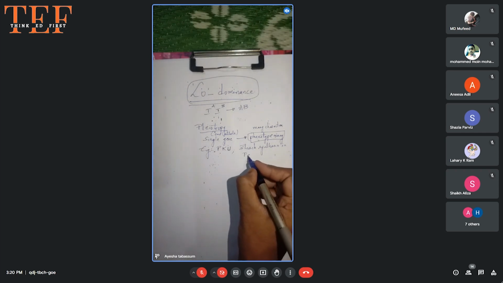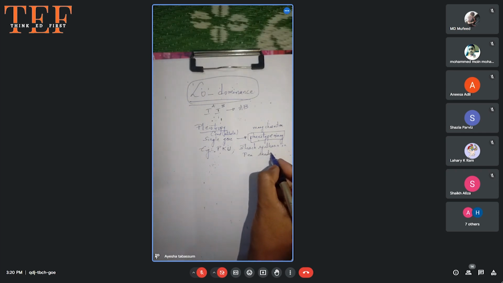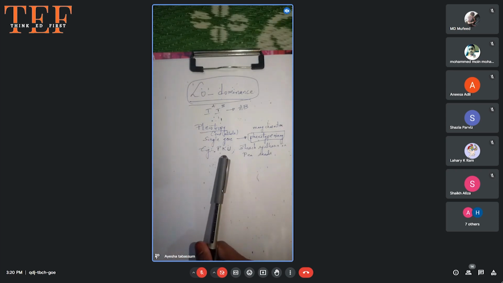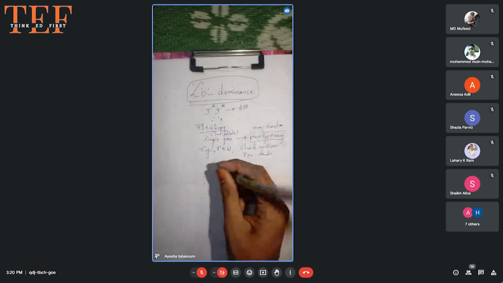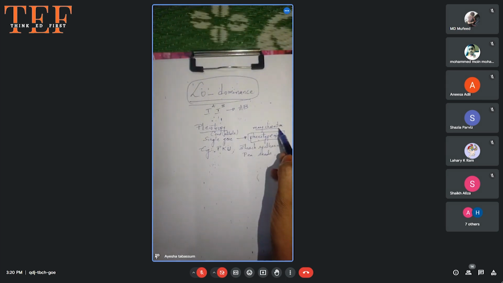Now I'll explain by taking phenylketonuria. If the person has phenylketonuria, then he will get many symptoms, like mental retardation, that is one character. Then reduction in hair, the second.